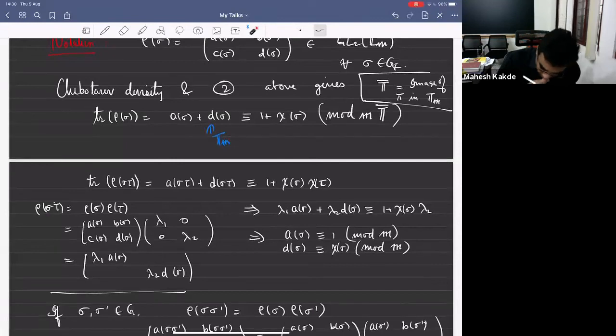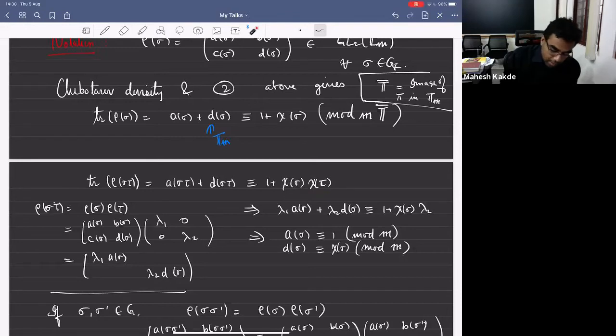All right, so I know that A sigma plus D sigma is 1 plus chi sigma modulo m. I can now write the same thing with sigma replaced by sigma times tau. So sigma times tau gives A sigma tau plus D sigma tau, which is congruent to 1 plus chi sigma times chi tau.